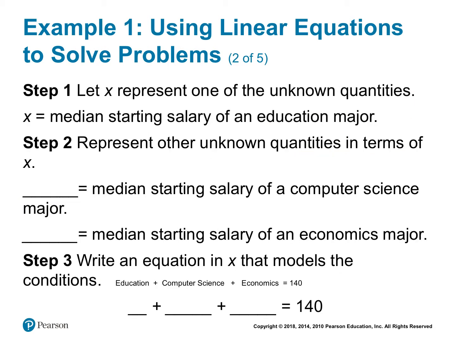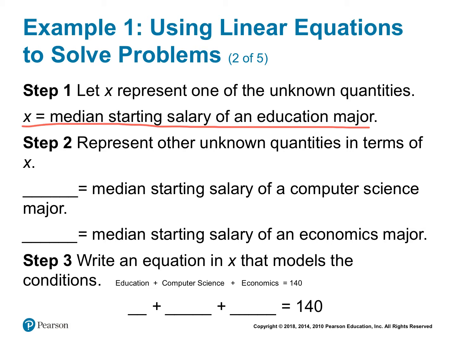So your first step is to use x or another letter of your choice to represent one of the unknown quantities. Since we are relating both our computer science and economics majors to the education major, we're going to let x represent the median starting salary for an education major. Step 2 is represent your other unknown quantities in terms of x.